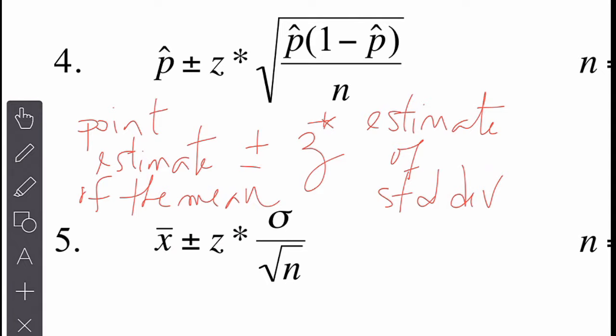Well, I know this is a proportion. This is a sample proportion. So I want to estimate the true proportion. The best guess of the true proportion is going to be the sample proportion.